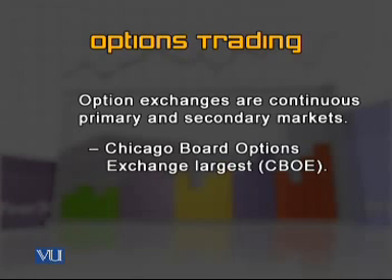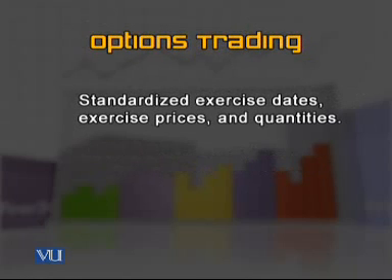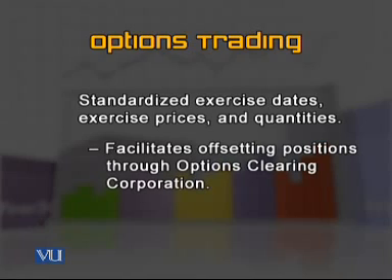The Chicago Board Options Exchange is the largest exchange, more commonly called the CBOE, where standardized exercise dates, standardized exercise prices, and standardized exercise quantities exist. Facilities are available for offsetting positions through the Options Clearing Corporation, the OCC.